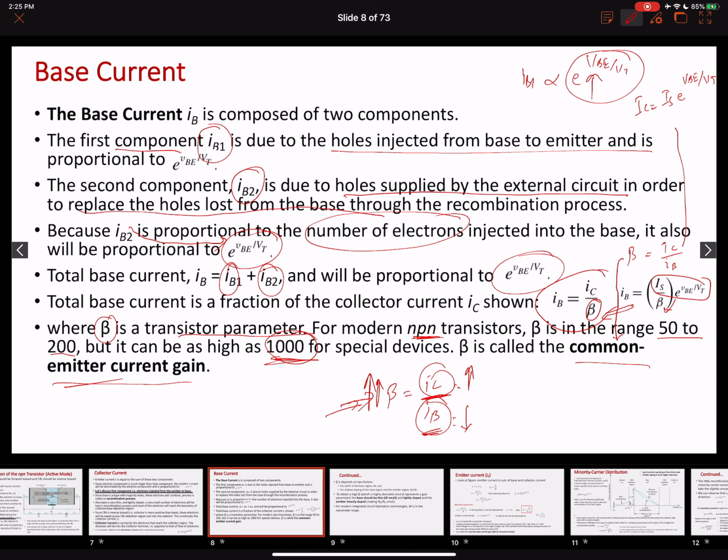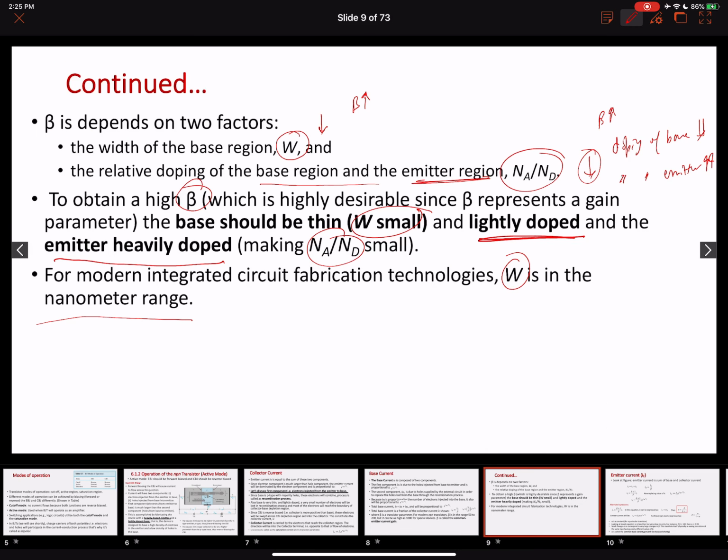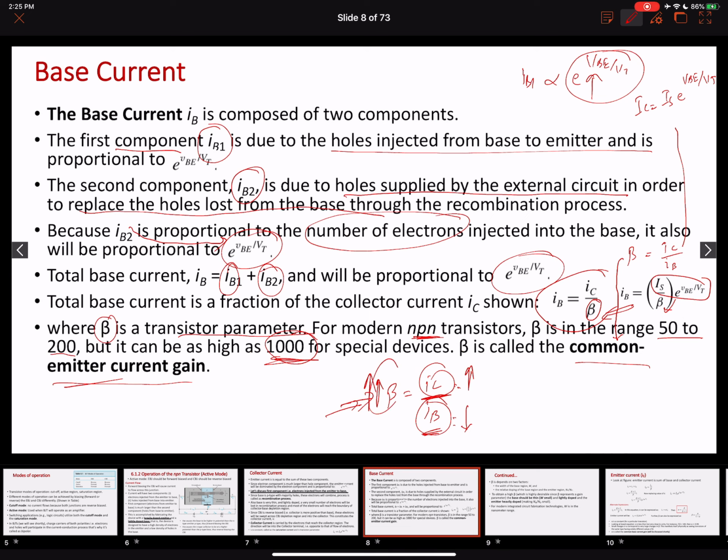If we make the width of the base smaller, and the doping concentration of the emitter relatively larger than the doping concentration of the base, then our collector current will be much larger compared to the base current. When that is true, our beta value will be larger. Ideally we want beta to be larger because it's a gain factor. This is the common emitter gain, and we will discuss it in more detail.